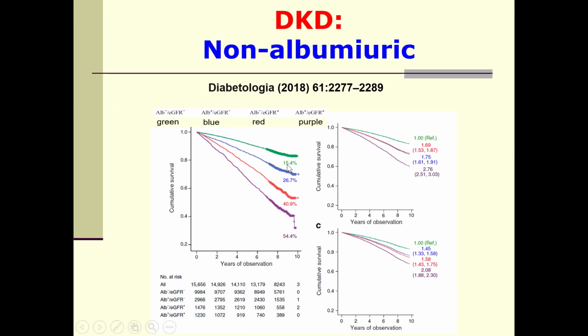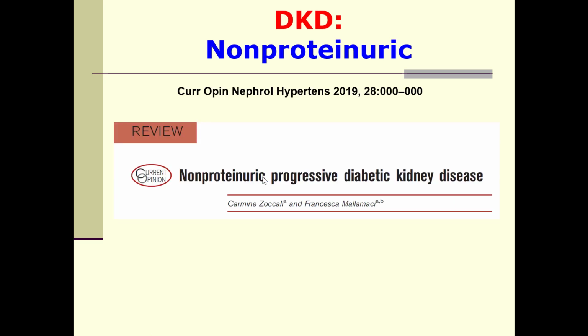As you see clearly, this is the normal albuminuria, normal kidney function, and this is the survival, and then with the presence of microalbuminuria, or moderate albuminuria as it's referred to by KDIGO guidelines, the lower the survival. But even in normal albuminuric with reduced GFR, mortality is more common and survival is drastically reduced. So yes, normal albuminuric patients in diabetes carry lower risk for chronic kidney disease but higher risk for mortality.